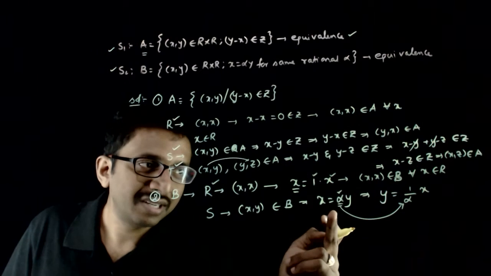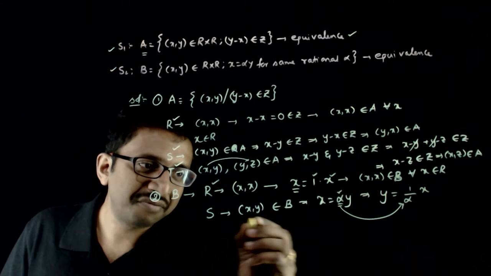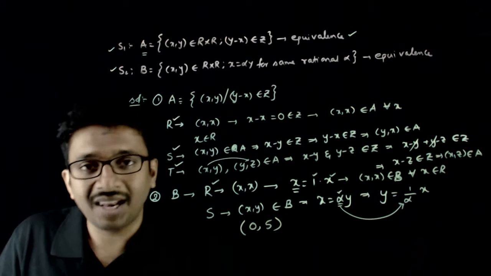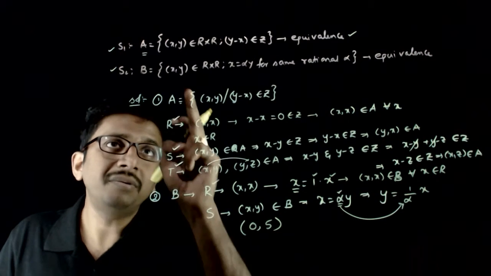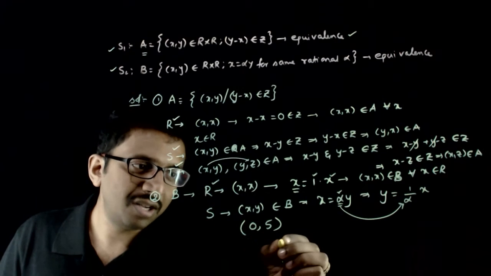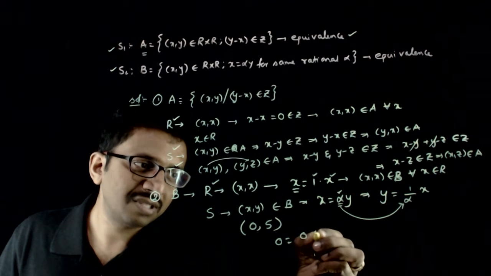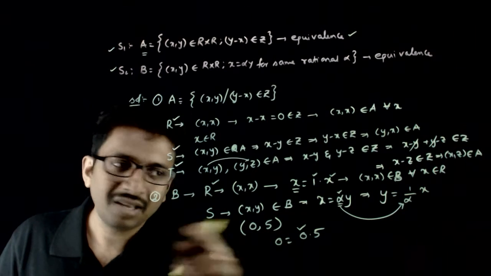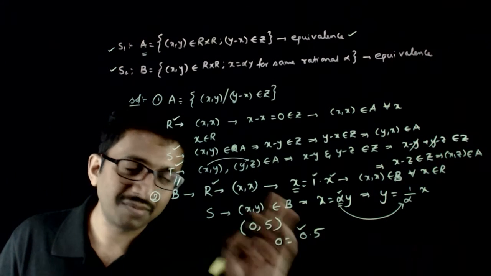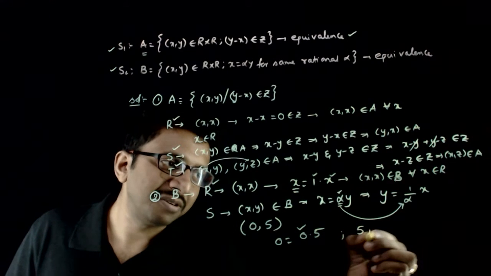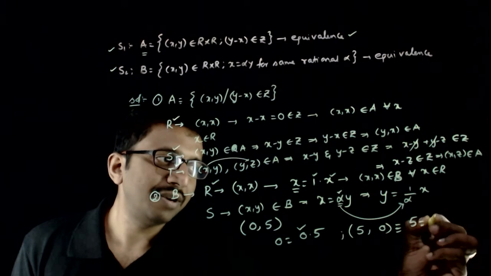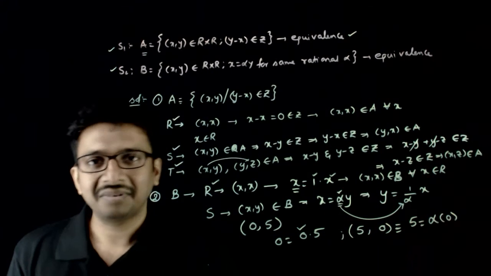If you have the element (0, 5), this will belong to B because 0 can be written as 0 times 5. So there is some rational number such that x is equal to that rational number times 5. But if you take (5, 0), can you write 5 is equal to some rational number times 0?